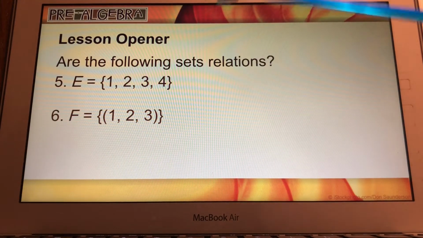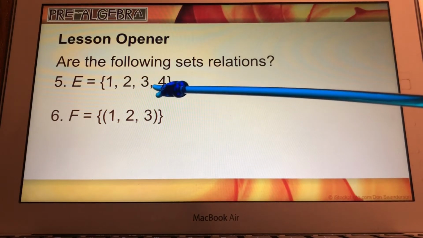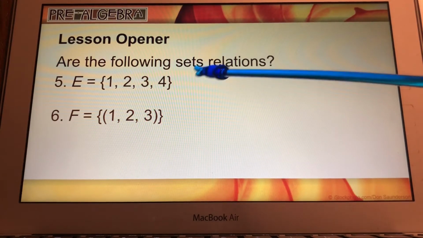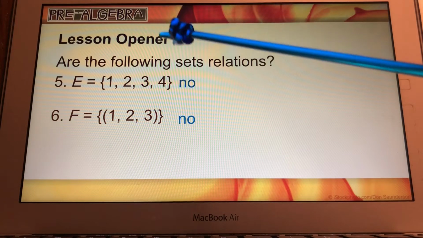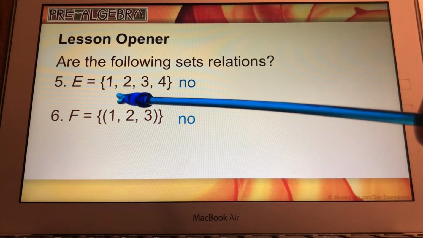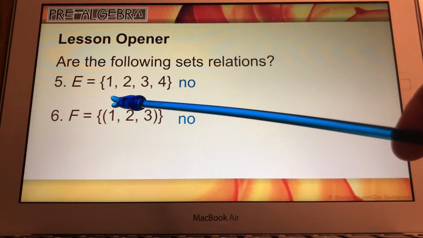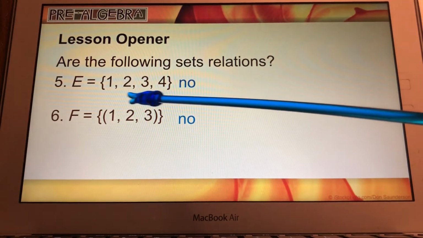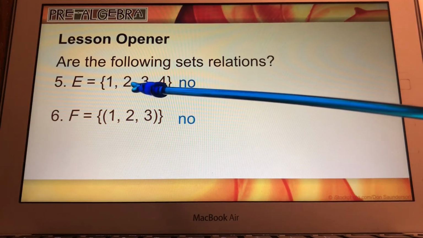Now, let's take a look at these here, E and F. Are these sets relations? No, they are not. And why is that? Okay, so you're going to have to remember, a relation is a set of coordinates. It's going to have to say 1, 3, or 1 and another number.